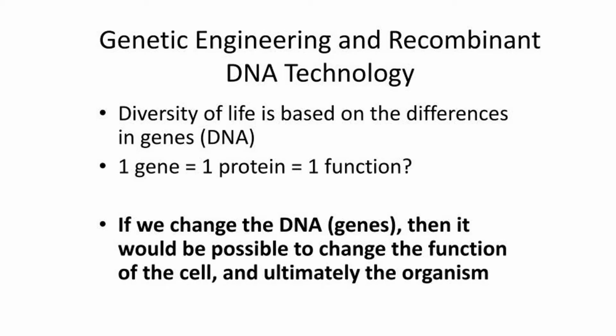We could modify a gene that would alter the protein structure, and the altered protein would have an altered function. So that's how modifications carried out at the gene level have an impact at the functional level. That's why genetic engineering is being done to modify the function of a particular organism.